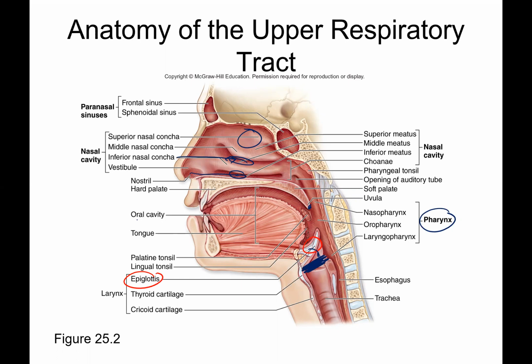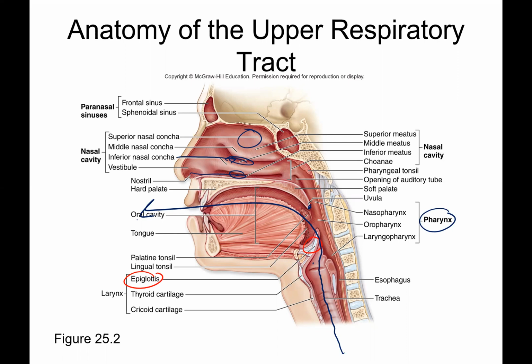Now, one of the reasons why people choke is because, remember, sound is produced by air coming up from the trachea through the vocal cords and out you go, right? So that epiglottis has to be open in order for sound to be produced. Typically, choking victims are eating. It's very common to eat and socialize and talk at the same time.